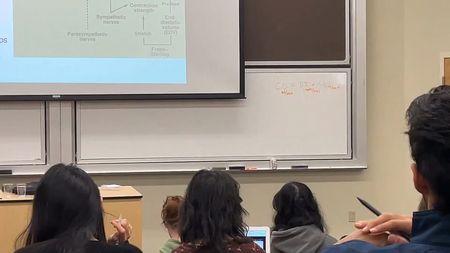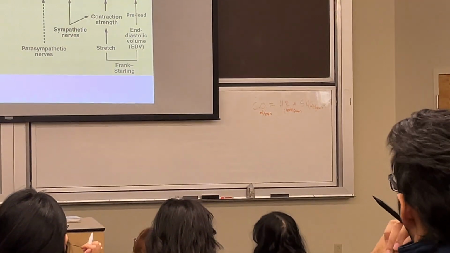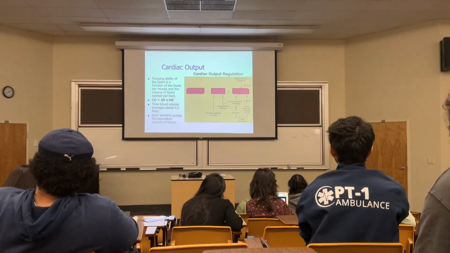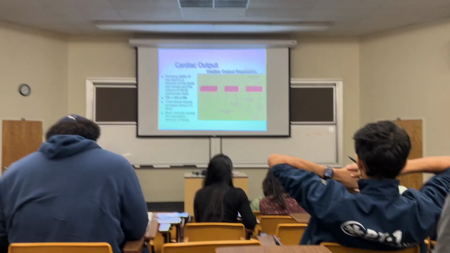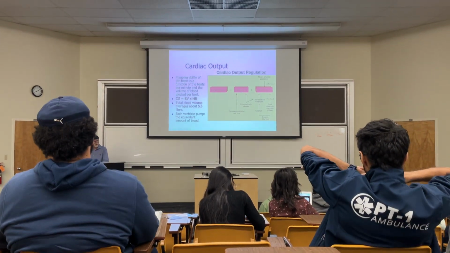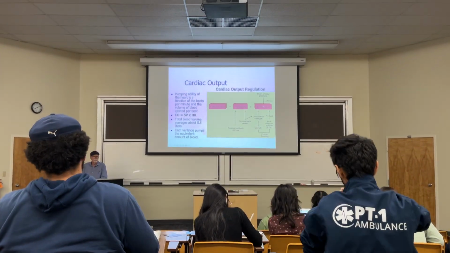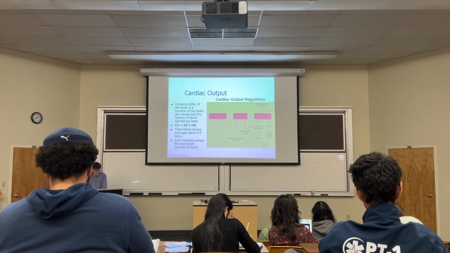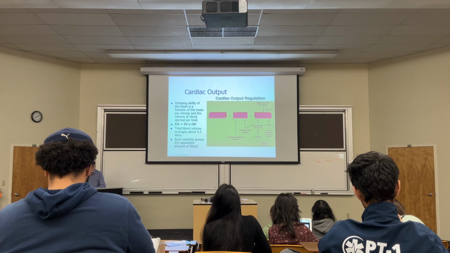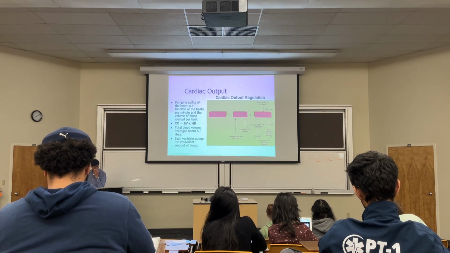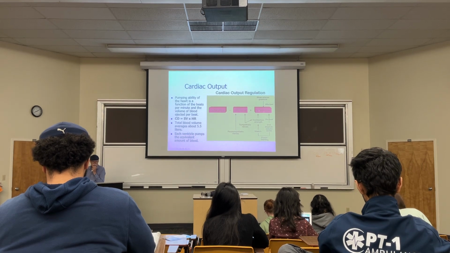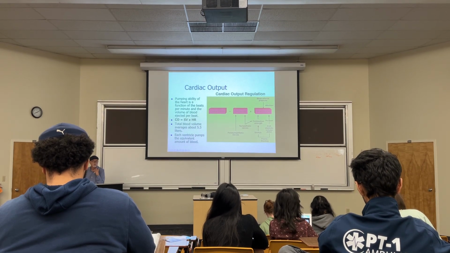Now, cardiac output is very important. We have to maintain our cardiac output, but we can vary it. How do we vary our cardiac output? Well, we can either change the heart rate or we can change the stroke volume. If we increase our heart rate, we're going to increase our cardiac output as long as our stroke volume stays the same or goes up, right?